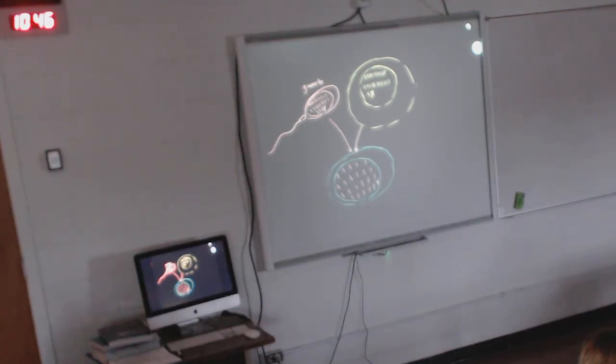And then the 23 chromosomes from your mother. 1, 2, 3, 4, 5, 6, 7, 8, 9, 10, 11, 12, 13, 14, 15, 16, 17, 18, 19, 20, 21, 22, and 23. So you got that X chromosome from your mother. And as you might have noticed, I've drawn them in pairs.